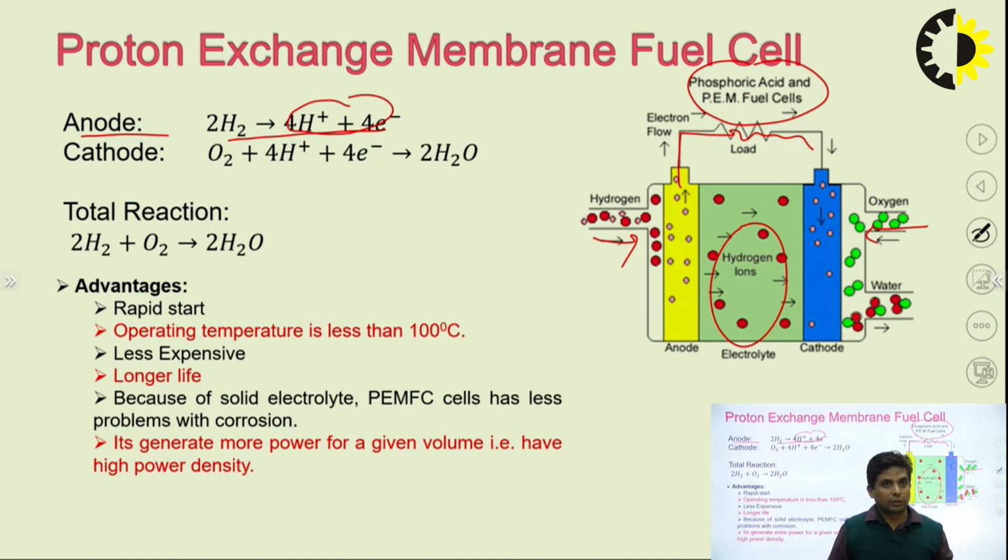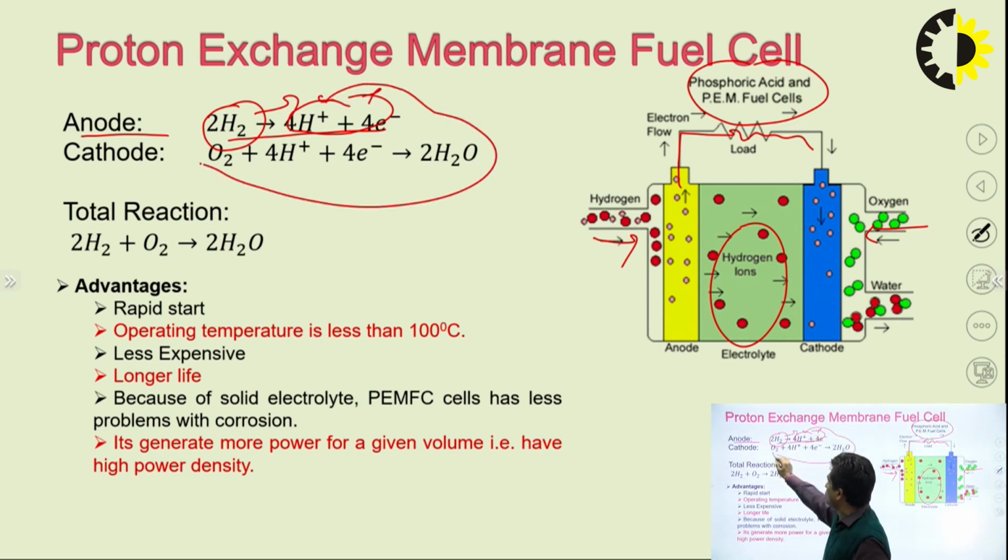How are the electrons generated in this fuel cell? The hydrogen breaks into hydrogen ions plus electrons, and the hydrogen ions and the electrons go to the cathode side, where they react with oxygen to generate water molecules. So, that is the combined equation.